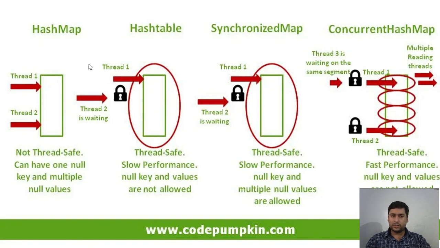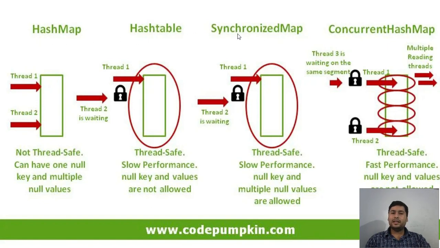So if one thread is doing some work, the other thread has to stop and wait. Once that thread is completed, only then will the other thread do its operation. It's thread safe because threads come one by one and execute on the data. But performance is slow because the other threads are waiting, and null key and null value are not allowed in Hashtable. This is the difference between HashMap and Hashtable.